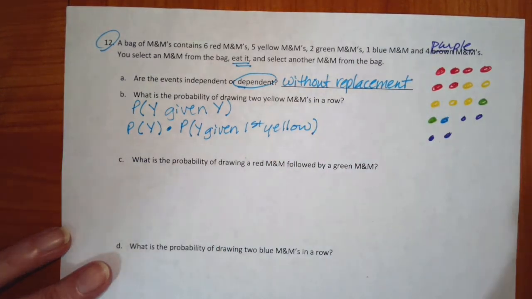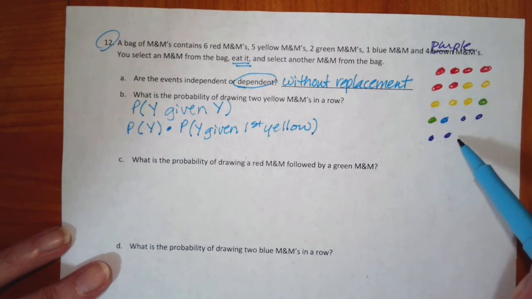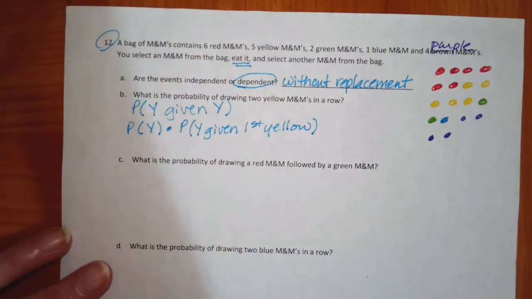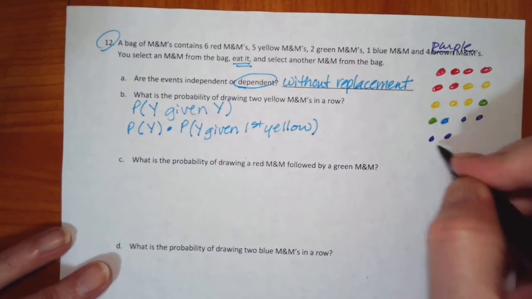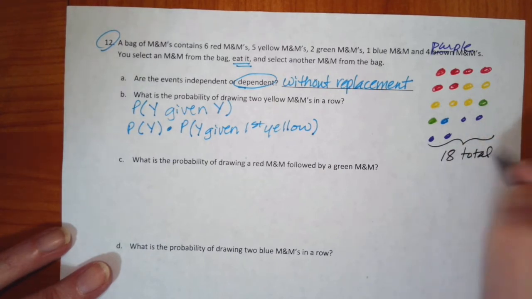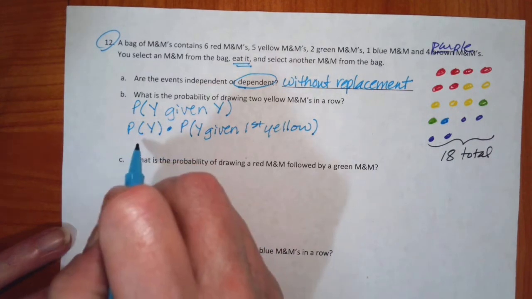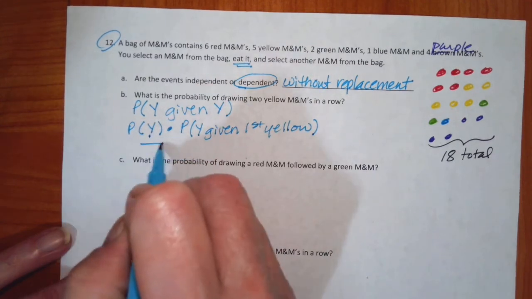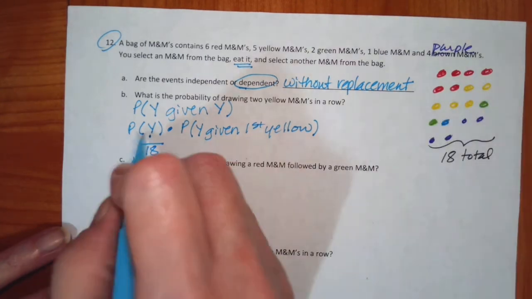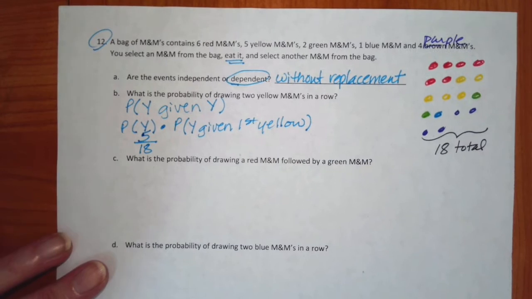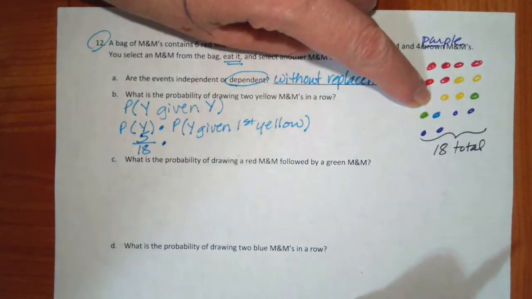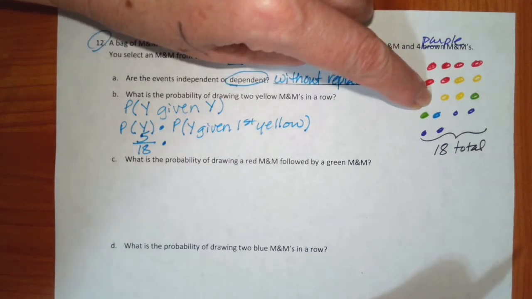Okay, so let's see. How many of you got 4, 8, 12, 16, 18? So I have a total of 18 M&Ms. So the probability of a yellow is going to be something out of 18. So 1, 2, 3, 4, 5. So there are 5 yellows out of the 18. All right, but now one of the yellows is gone because I ate it.